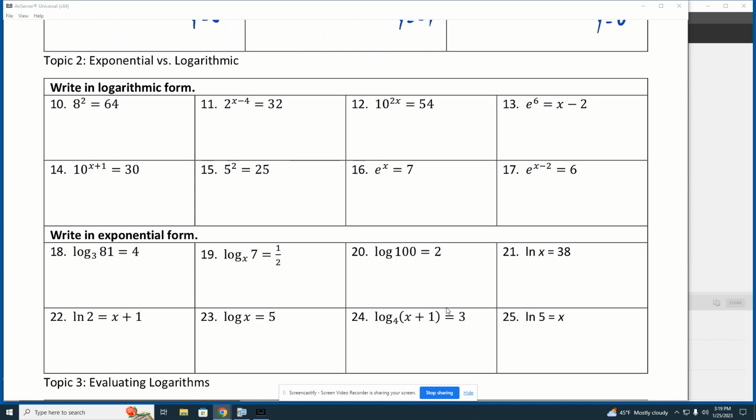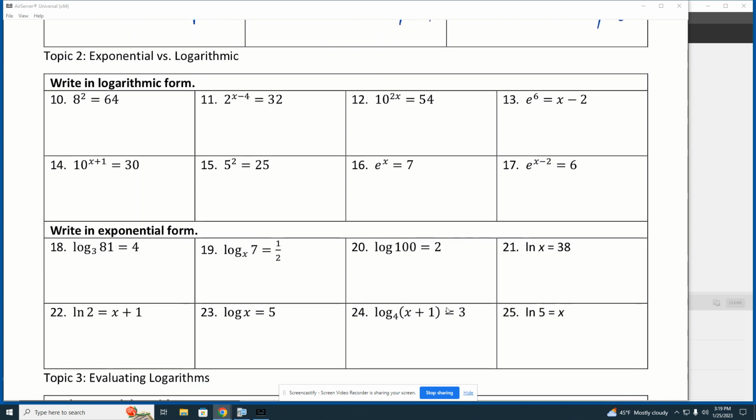Let's keep on moving. The next grouping, you're rewriting either exponents as logarithms or logarithms as exponents. So really, really simple. There's just a couple things that I want you to remember. Remember, if it's a base other than 10 or other than e, we're going to use log.